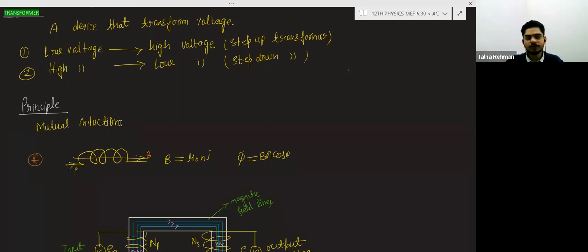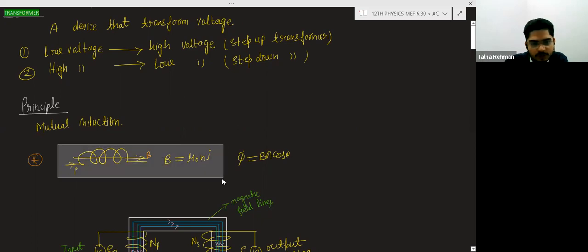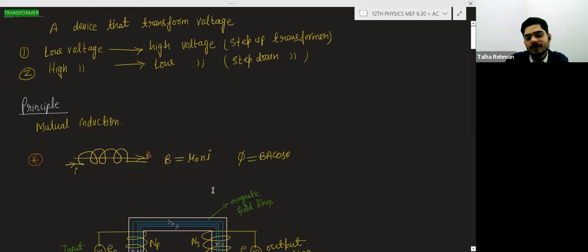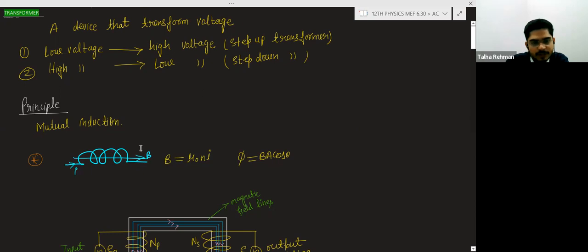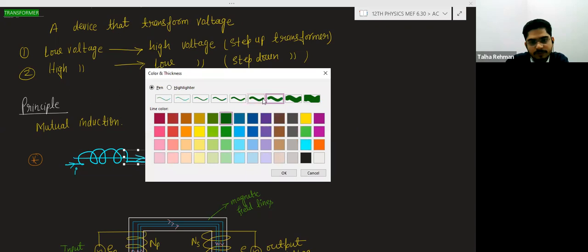Before the working and construction of the transformer, we should know what a solenoidal coil is and what the magnetic field due to that solenoidal coil is. So this is the solenoid, and this is the magnetic field due to the solenoid.